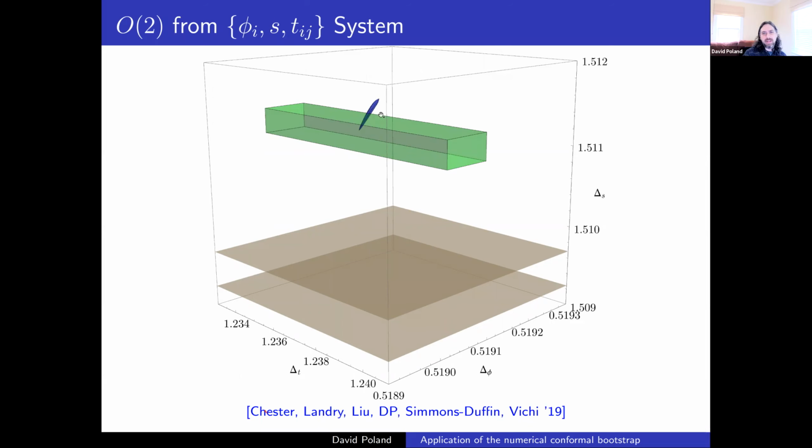Even though the Bootstrap results are comparable in size to Monte Carlo in delta s and delta phi, they're quite a bit better than the best Monte Carlo in, say, delta t, which is, I gather, a harder quantity to determine. This is also a much older result for the measurement of delta t.